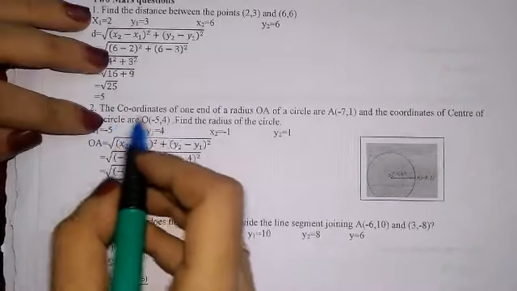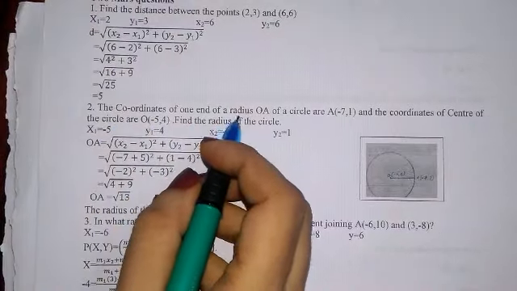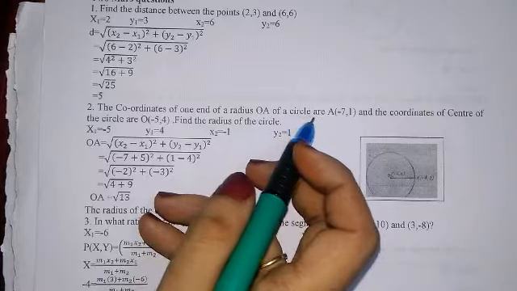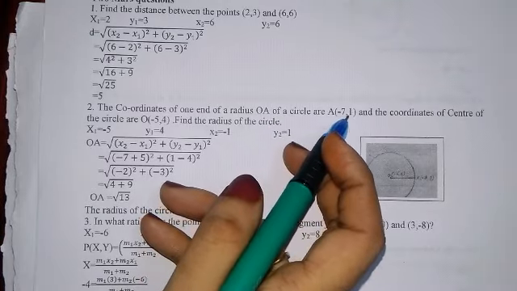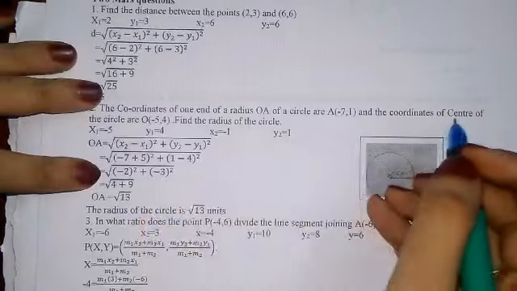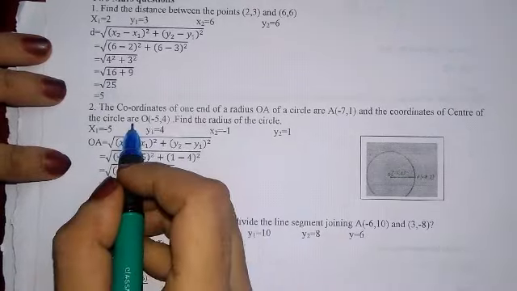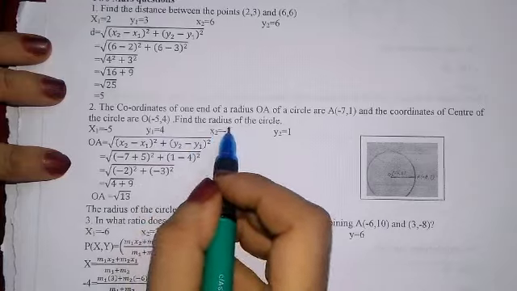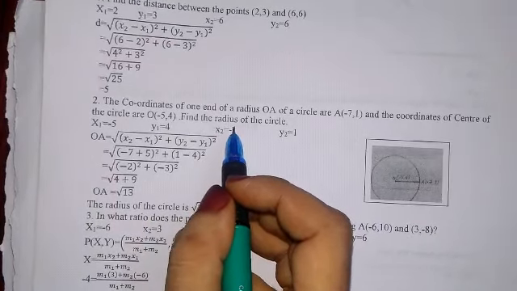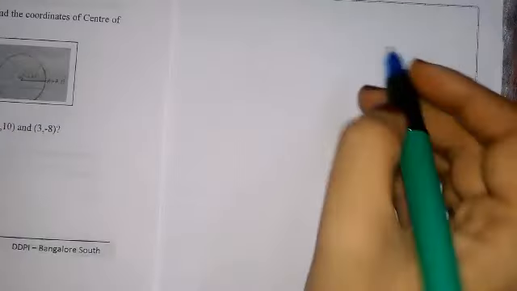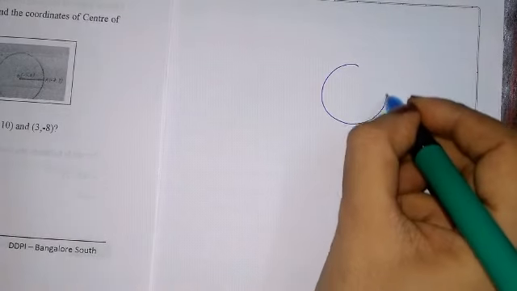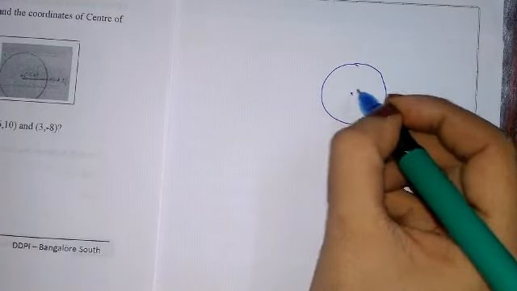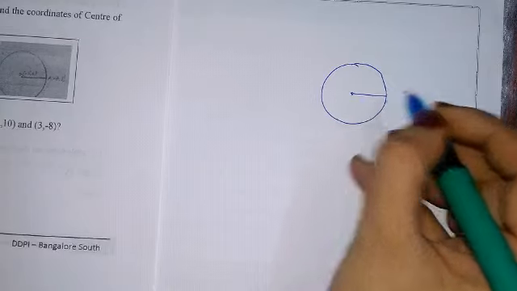Next question. The coordinates of one end of a radius OA of a circle are A(-7, 1) and the coordinates of the center of the circle are O(-5, 4). Find the radius of the circle. Let me draw a circle. This is the center and this is the radius.